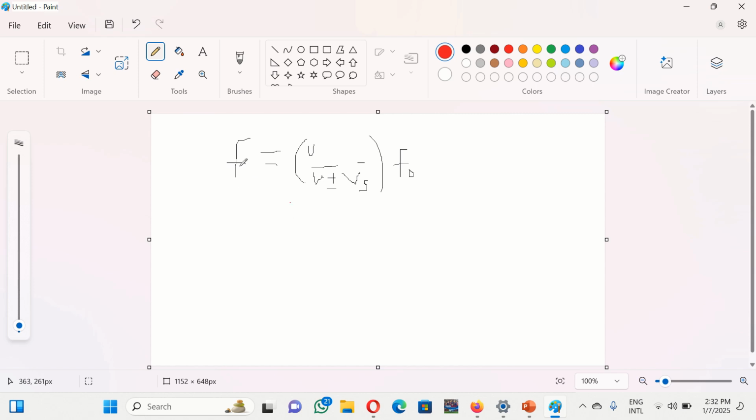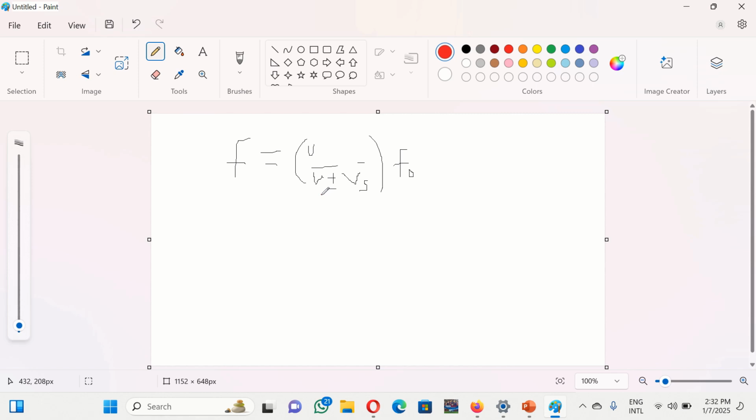So how do we get an increase in f with respect to this if you want to deal with a plus or minus? Note that this is a fraction, and if the denominator is bigger, we get a smaller f, and if the denominator is smaller, we get a bigger f. Since f increases, then it means we should get a smaller denominator.